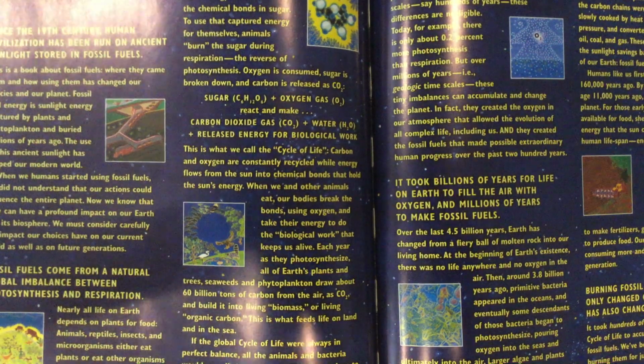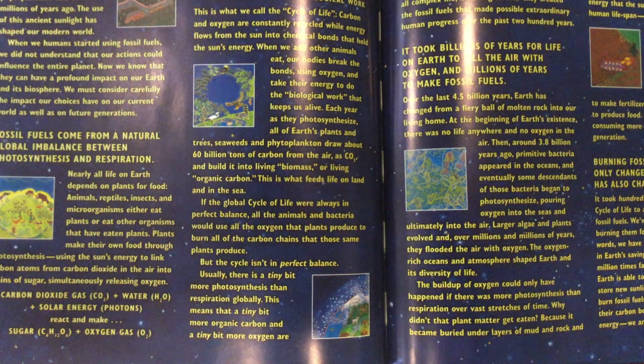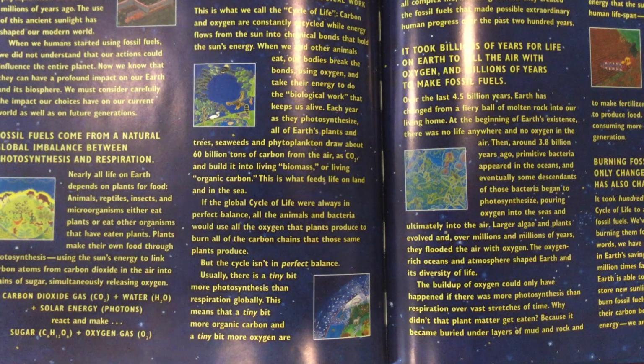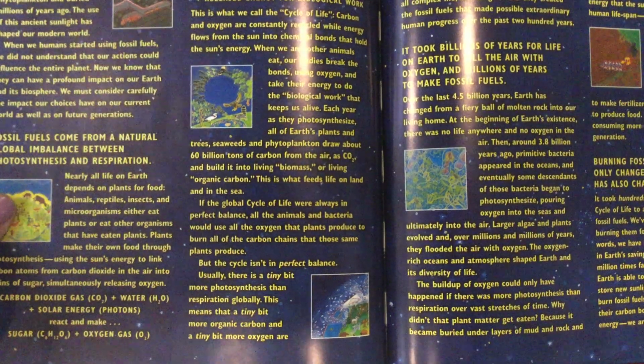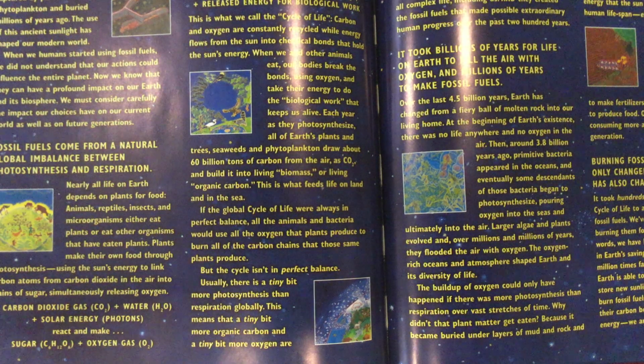If the global cycle of life were always in perfect balance, all the animals and bacteria would use all the oxygen that plants produce to burn all of the carbon chains that those same plants produce. But the cycle isn't in perfect balance.